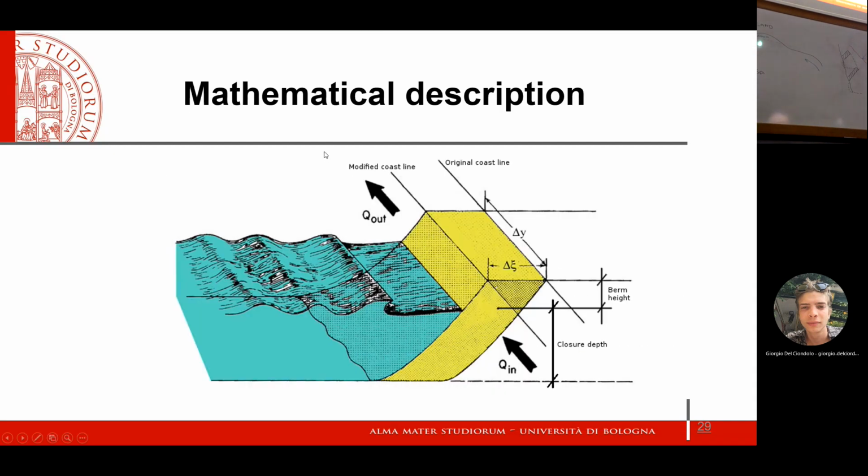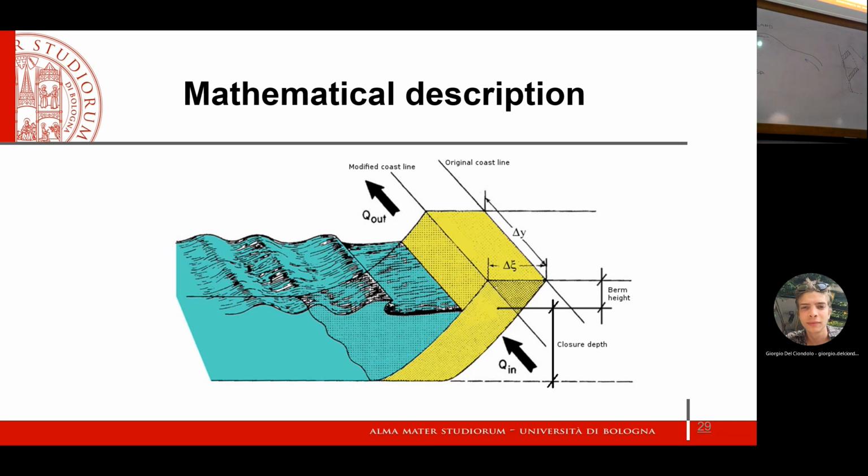What you see here is something that, if you attended my lecture on coastal engineering, you have already seen. It's a representation of the one-line numerical model, in which the slope of the beach remains constant. It doesn't change after erosion.